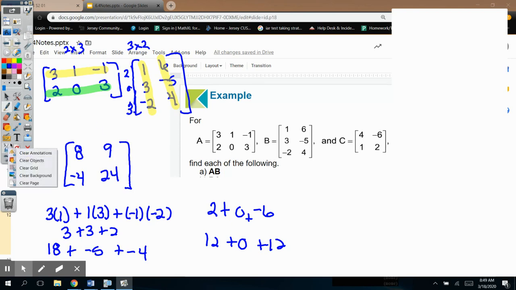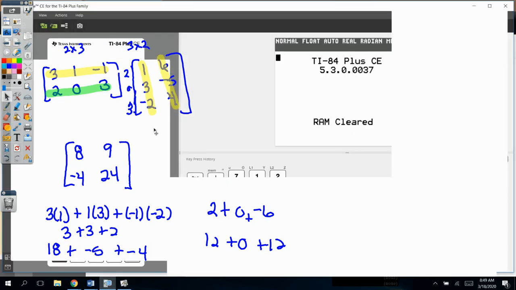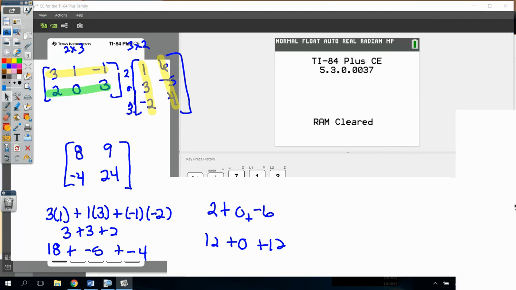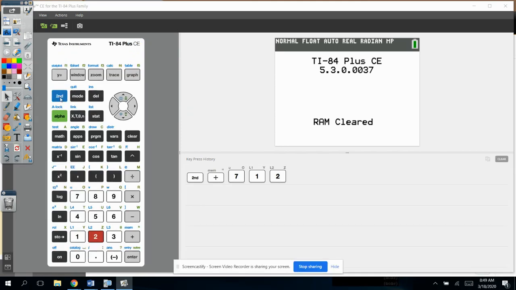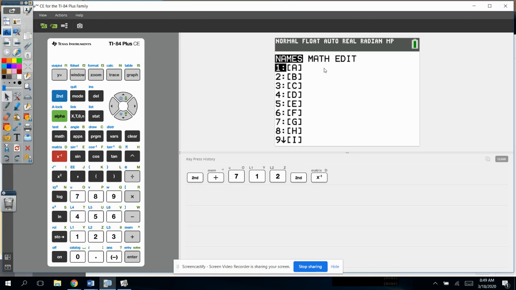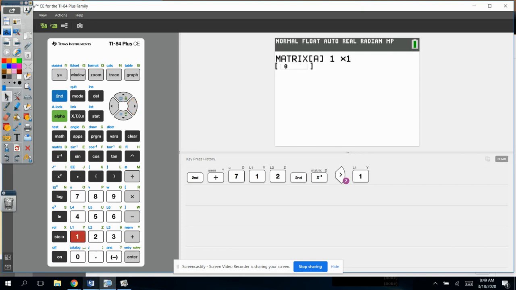I can show you with the technology. Let me pull this up. I guess I'll just erase it all. Okay, so what I have here, we're going to go to second matrix, and we're going to enter in matrix A. So go to edit A. Okay, I already forgot what it was.